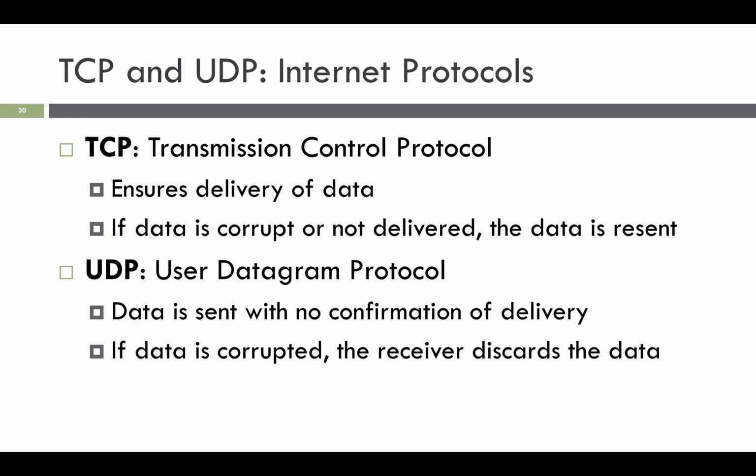TCP stands for Transmission Control Protocol. TCP ensures that the data gets between point A and point B without getting lost. Examples of TCP are email or web data. However, UDP does not care if the data gets lost along the way. Examples of UDP are video or audio streaming.